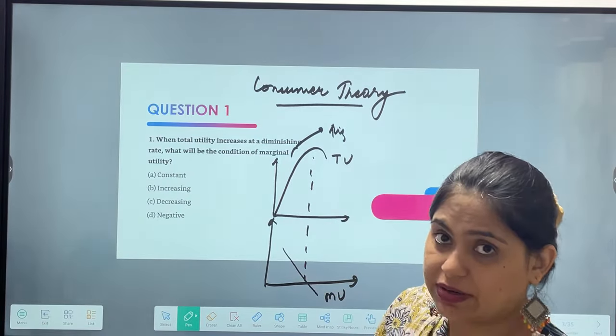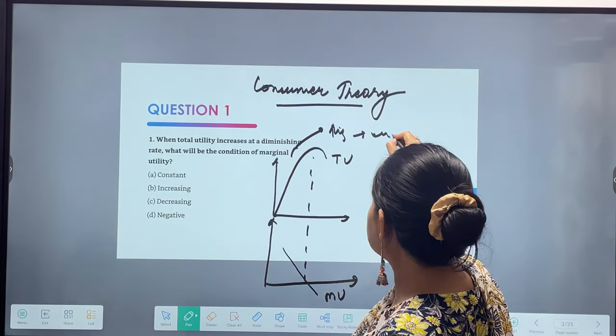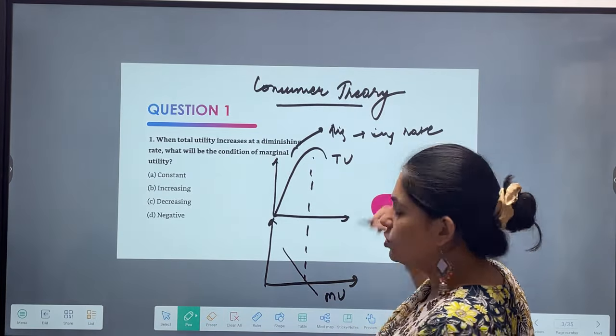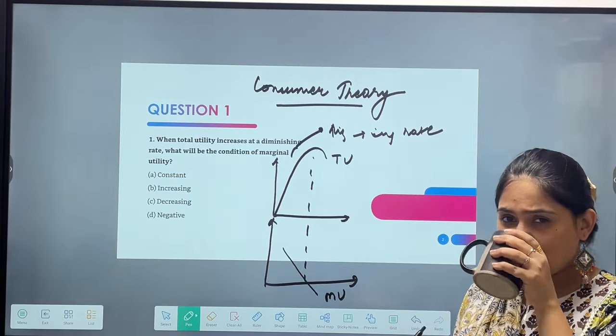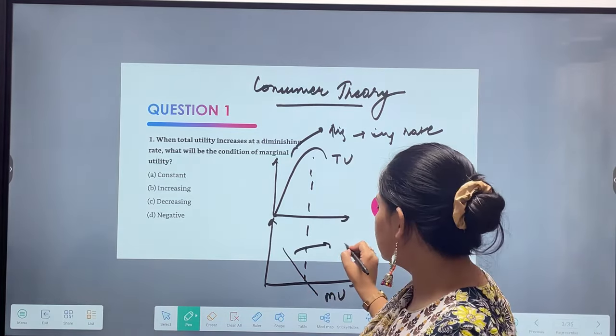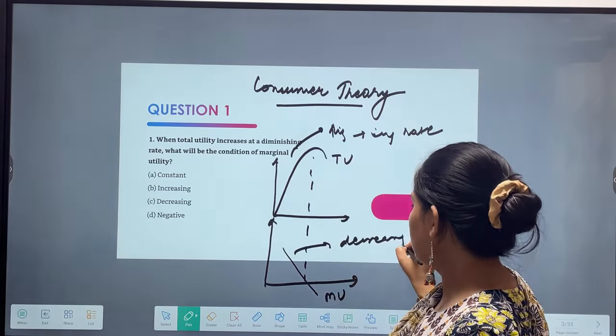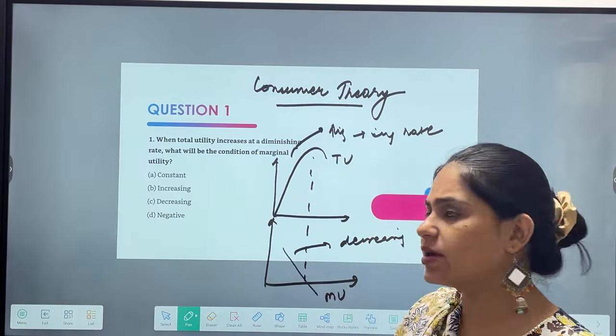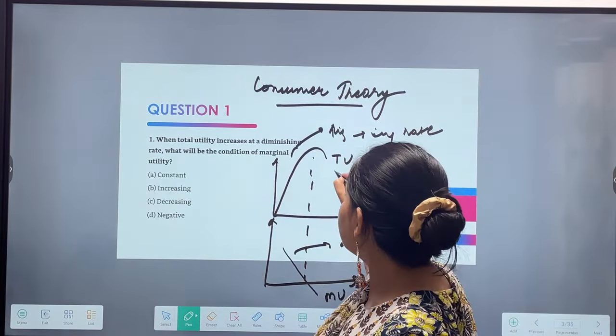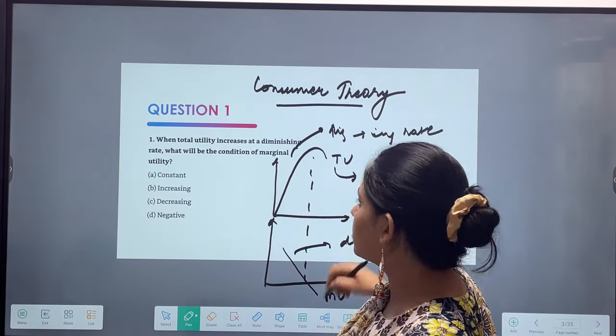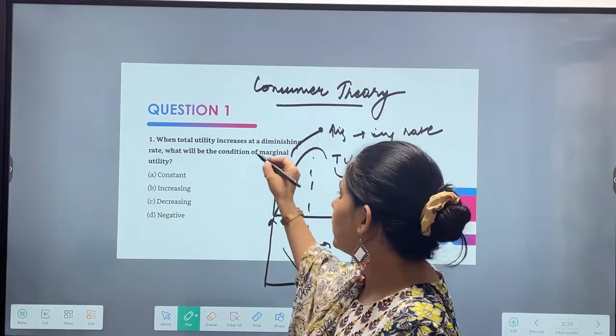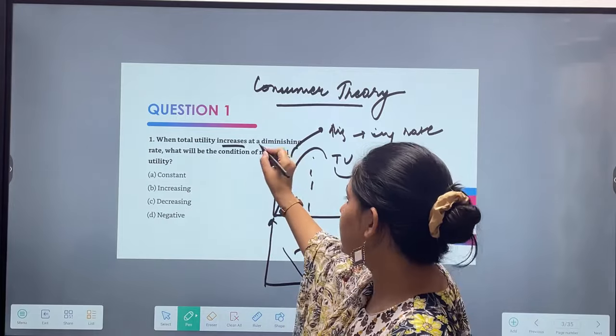Decreasing rate. So what is happening to marginal utility? It is decreasing. Another way to see this mathematically, the slope of total utility is marginal utility. So if it is increasing, that's fine, but it is increasing at a diminishing rate, na? So the slope should be diminishing.